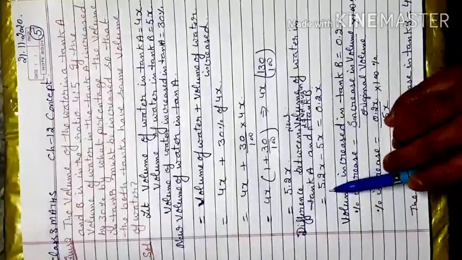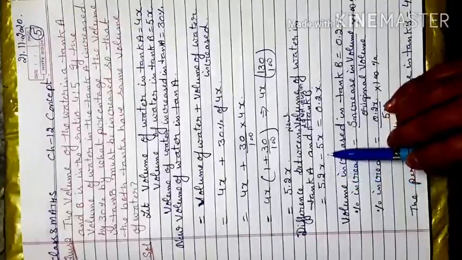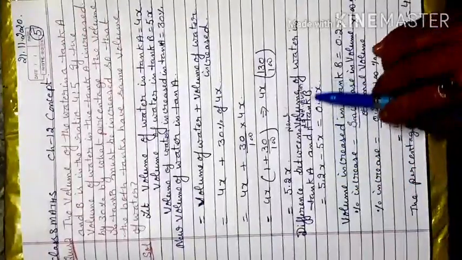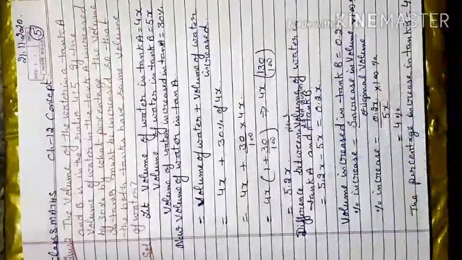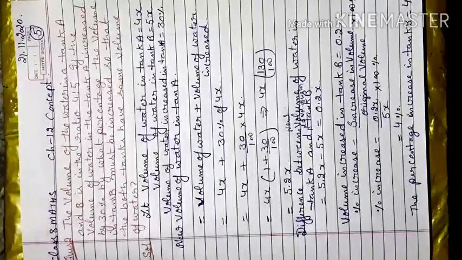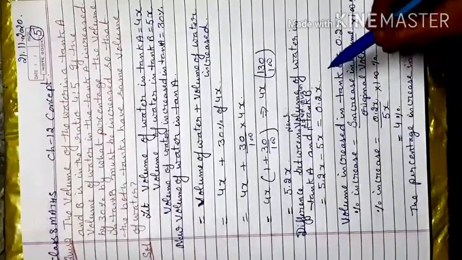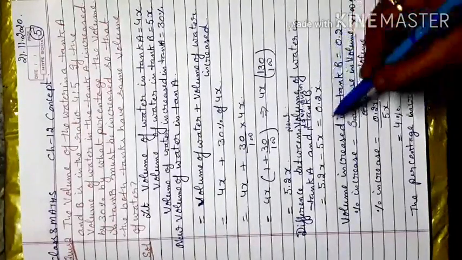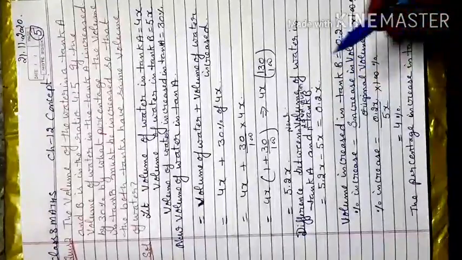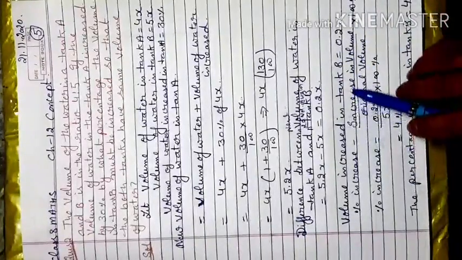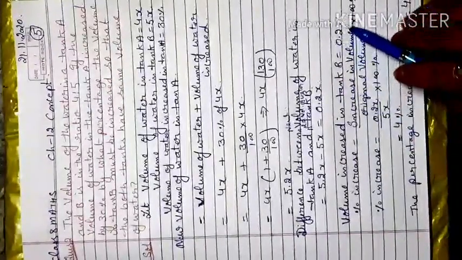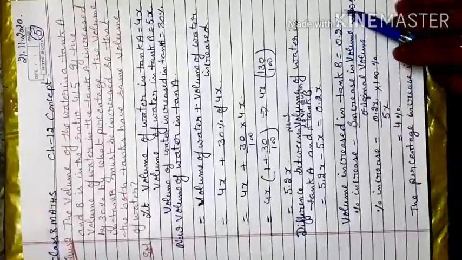We already found that, 5.2x. 5.2x minus 5x gives me 0.2x. That means the difference between both the volumes is 0.2x. That means in tank B we have to increase the level of water up to 0.2x volume. So volume increased in tank B is 0.2x. So this is my increased quantity.